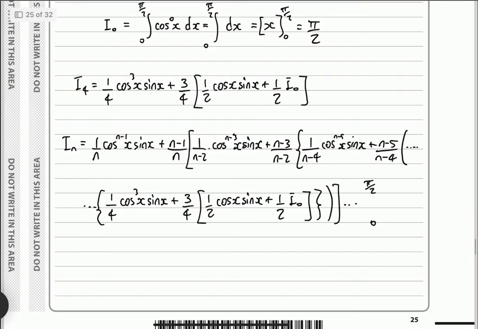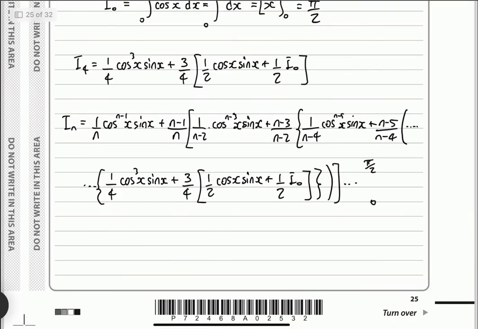Yes, okay. I can see where we're going. Because cosine of pi by 2 is a 0, and sine of 0 is a 0, and we've got a cosine and a sine in almost every term. So when we evaluate this, one of those two multiplying factors is going to be a 0, so all of these are going to become zeros. Everything is going to become a 0 except for this last term here, I0, which is pi by 2 on the higher limit and a 0 on the lower limit.